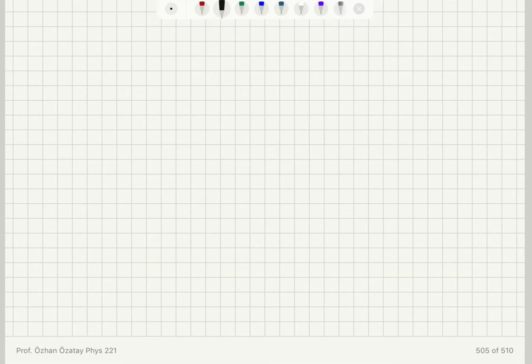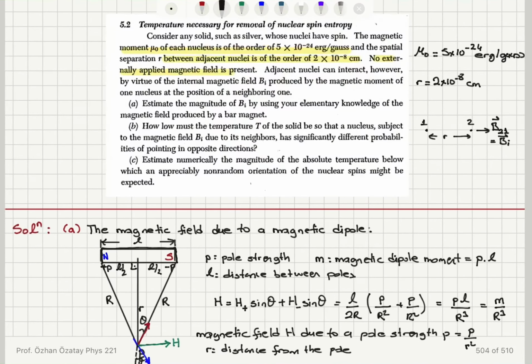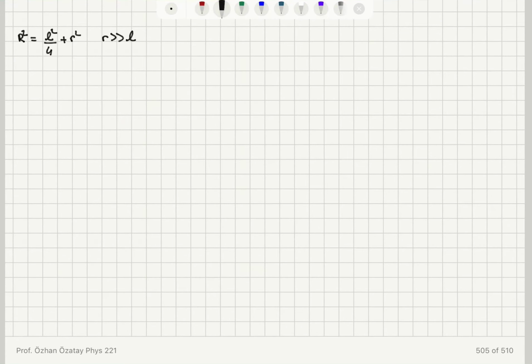You can see that this R square from this triangle is L square over 4 plus R square, and if R is much greater than L, as in the case of the nuclei here, femtometers versus angstroms, we have R approximately equal to small r, and therefore the internal magnetic field due to a magnetic dipole will be given by magnetic moment divided by R cube.